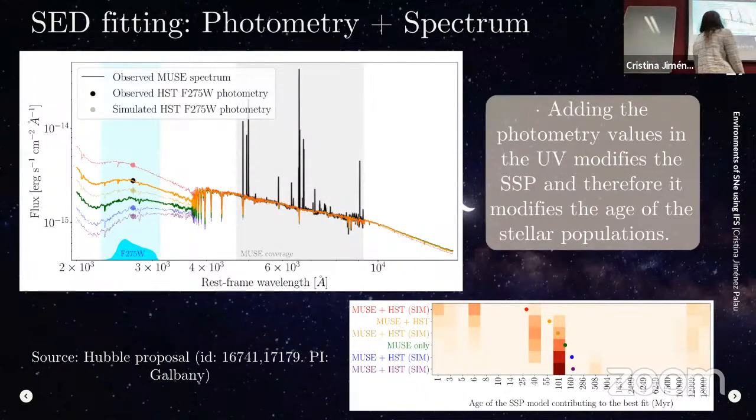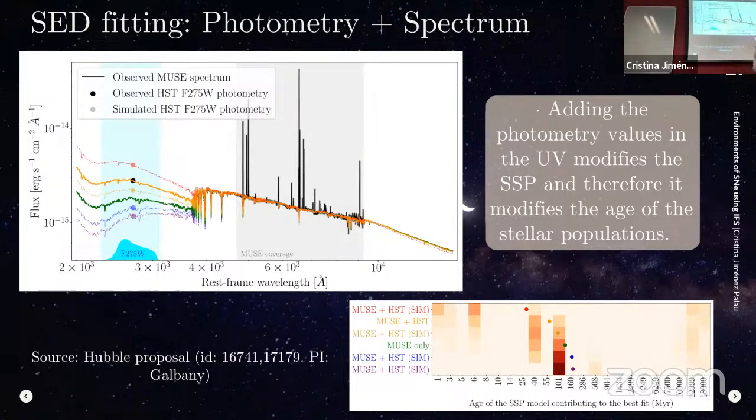So this is an example from the Hubble proposal that Galbany wrote, just to show you a bit more clearly why photometry is so important. In black, you can see the spectra. This is our data, and in green, this is the fit that the code obtains. Just to give you an idea, if you add photometry, the values change here, as I showed you before.